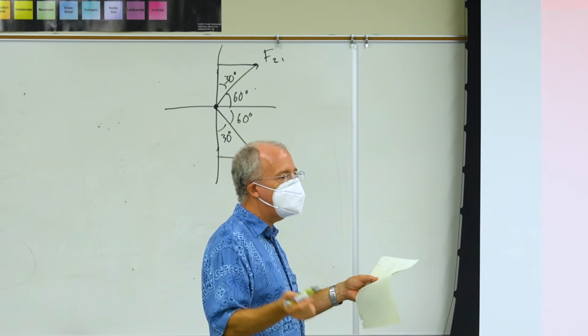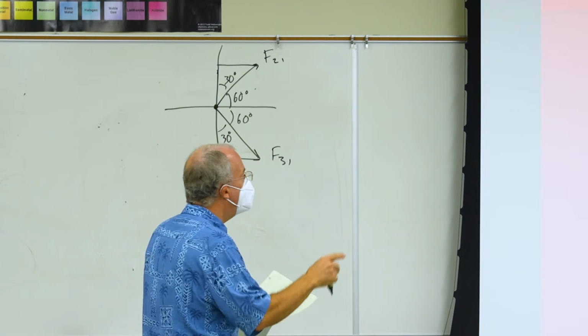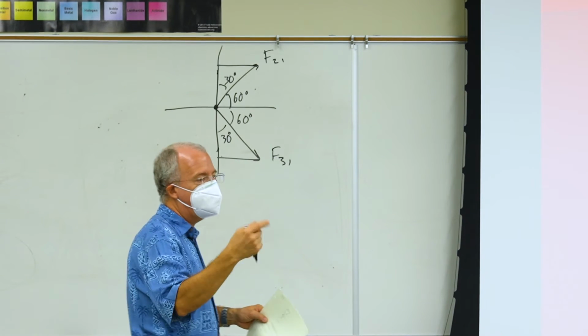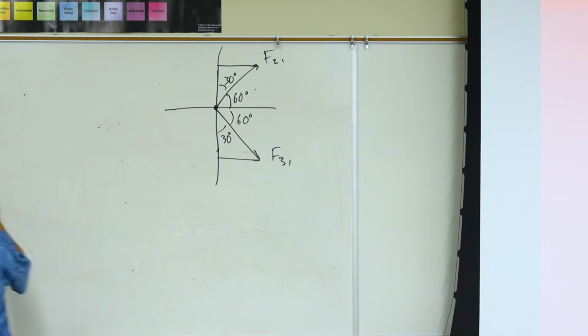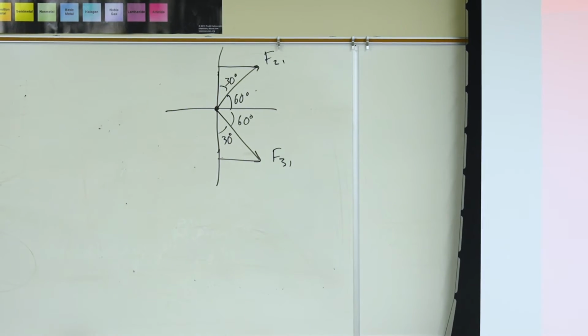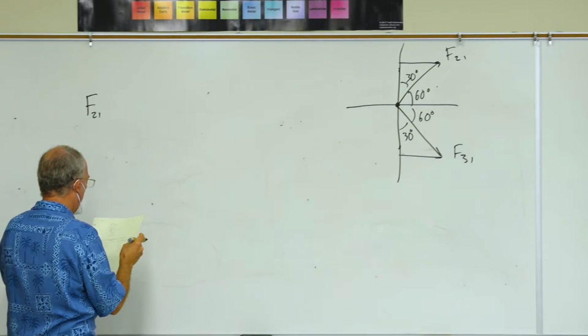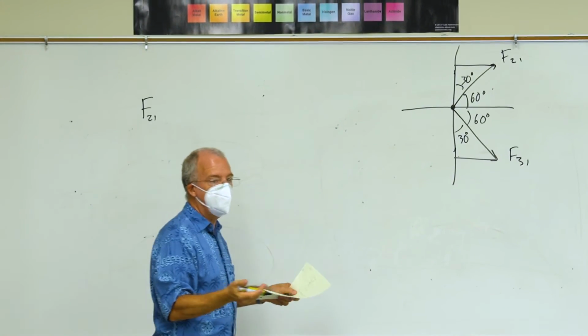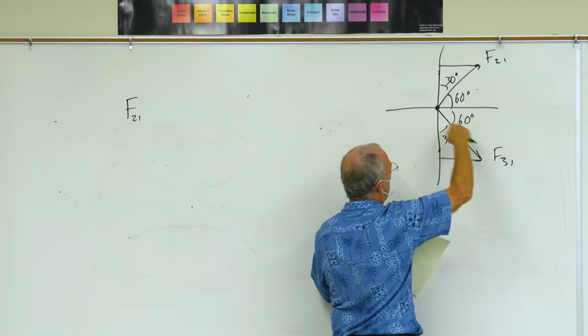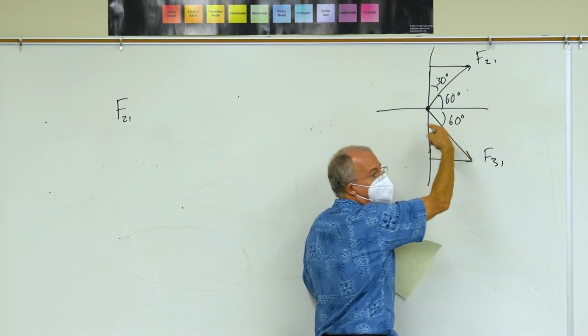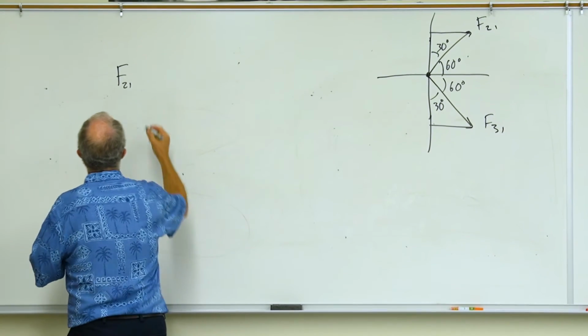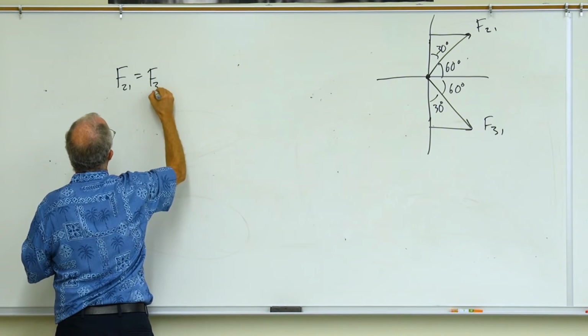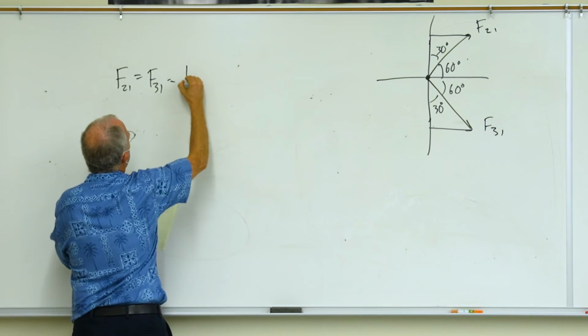So we want to get the magnitude of F21 or F31. So let's do that. So F21 magnitude, which equals F31, correct? Isn't this magnitude here the same as that, even if I didn't draw it properly? You all agree? Okay.